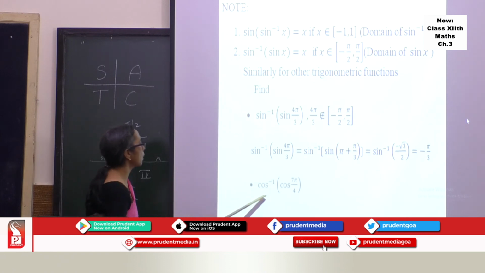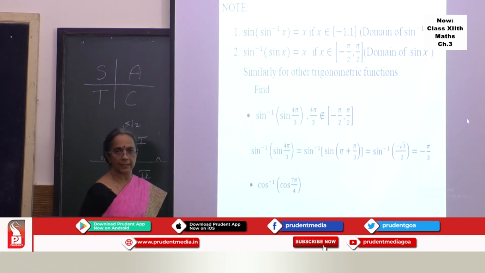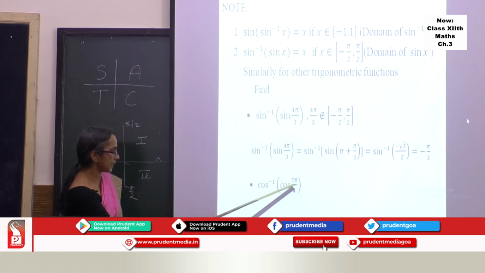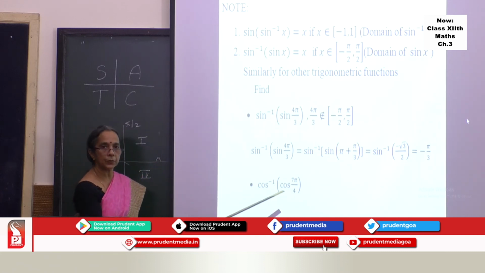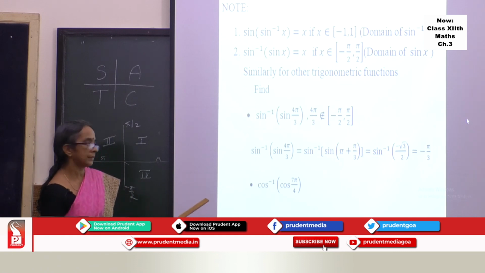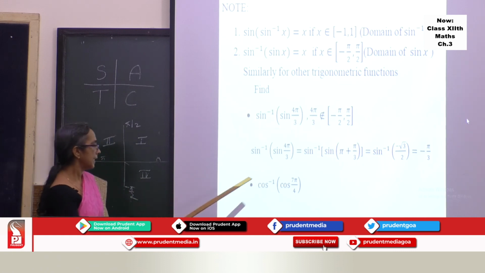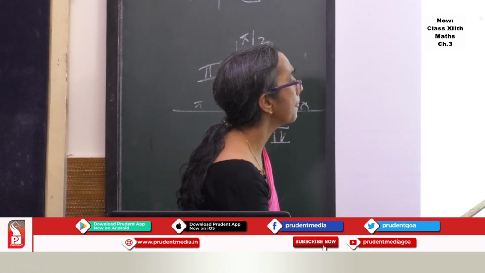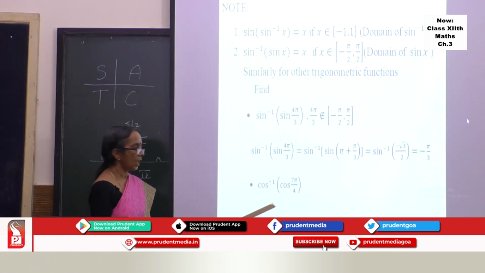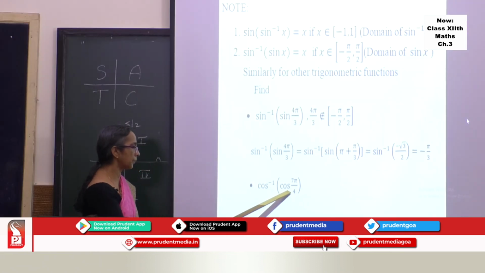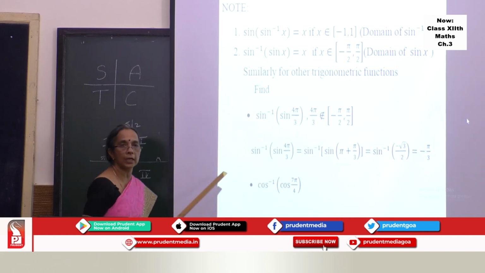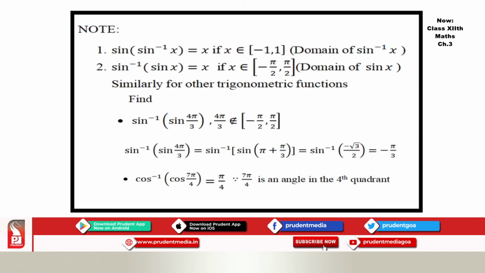Similarly, cos inverse of cos of 7 pi by 6. 7 pi by 6, 7 into 45, 315 degrees. It is an angle in the fourth quadrant. Cos is positive in the fourth quadrant. So it is equivalent to cos of pi by 4.